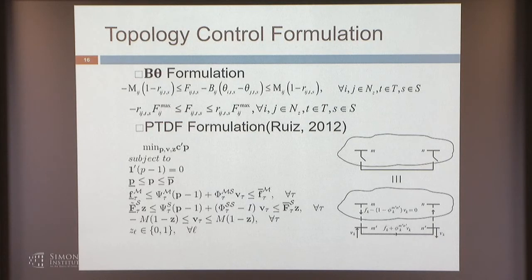There is an alternative formulation that uses flow cancellation, where you keep the system intact. You don't cut the line, but instead you find a configuration of transactions, injections and ejections, that if you execute them, will make the flow on that line 0.